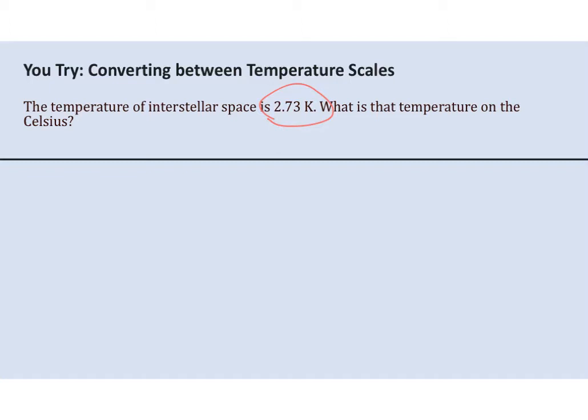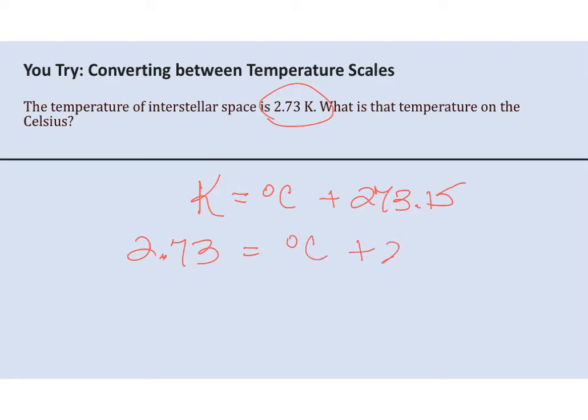So I start all of my problems by writing down the appropriate formula. And that is Kelvin is degrees Celsius plus 273.15. All right, so I'm going to plug in 2.73 equals degrees Celsius plus 273.